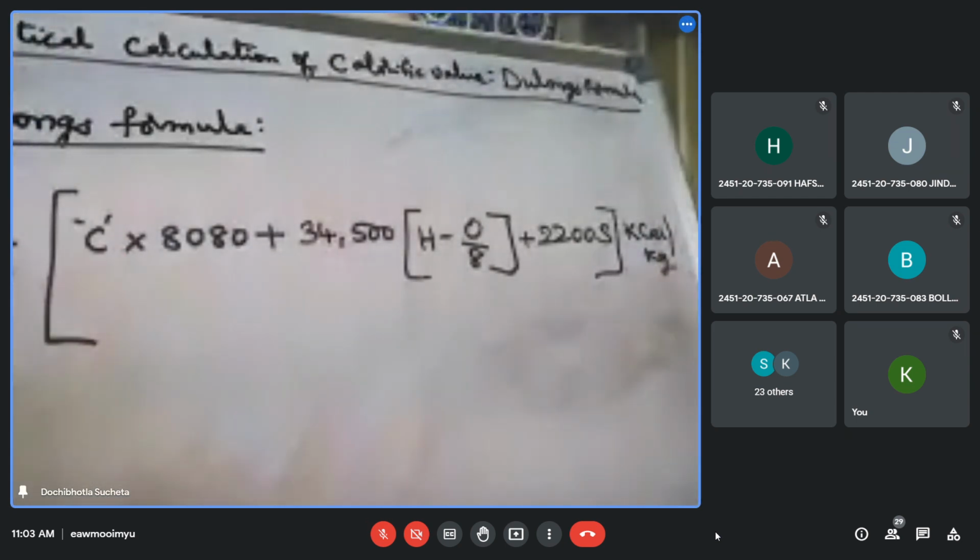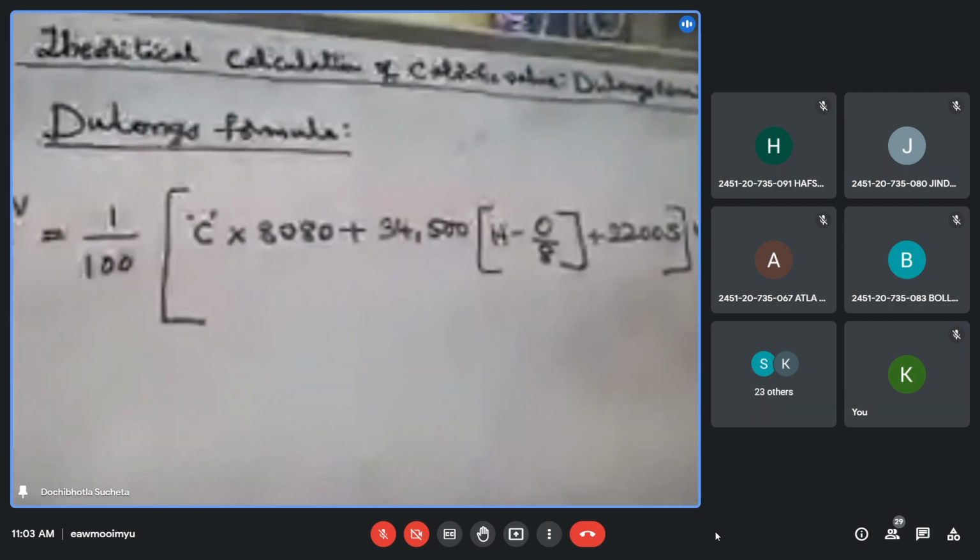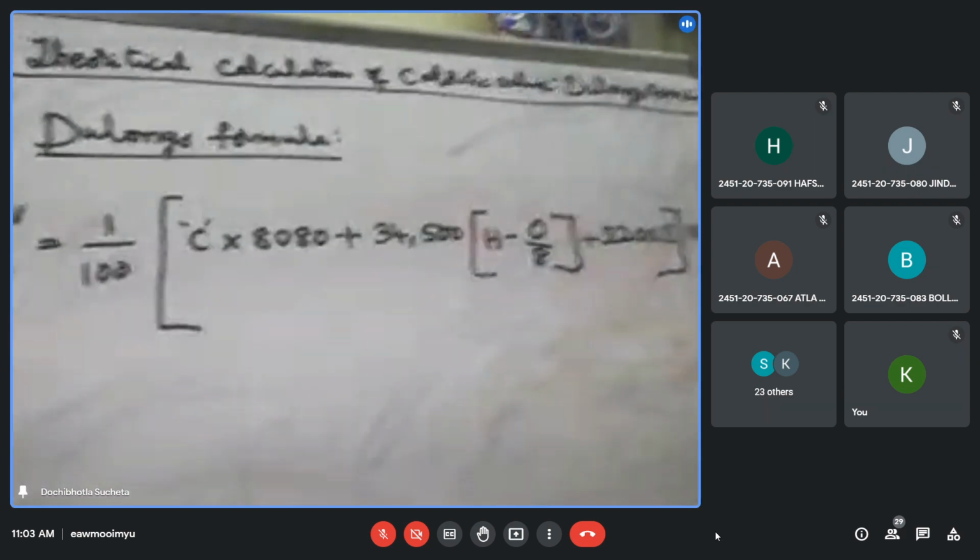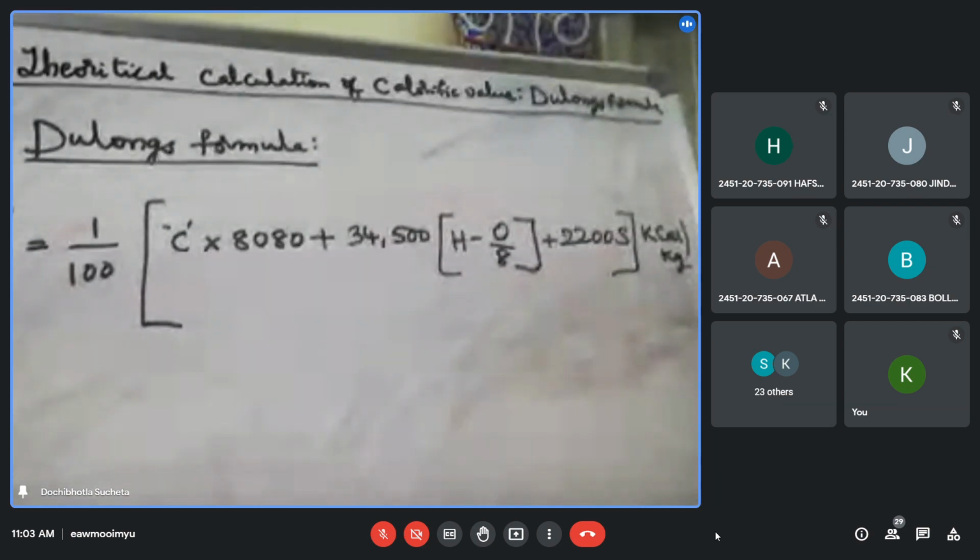That's the Dulong's formula. Hope the entire formula is clear to all of you.